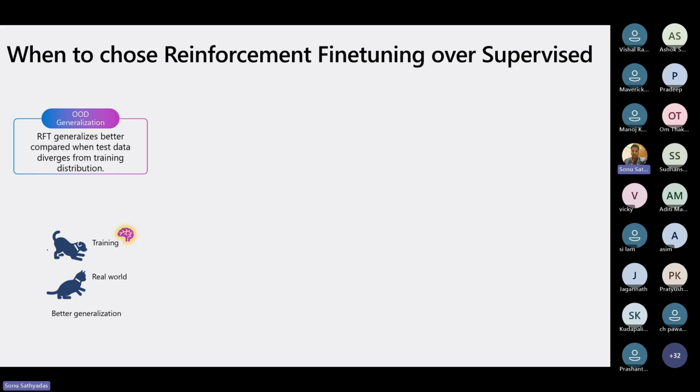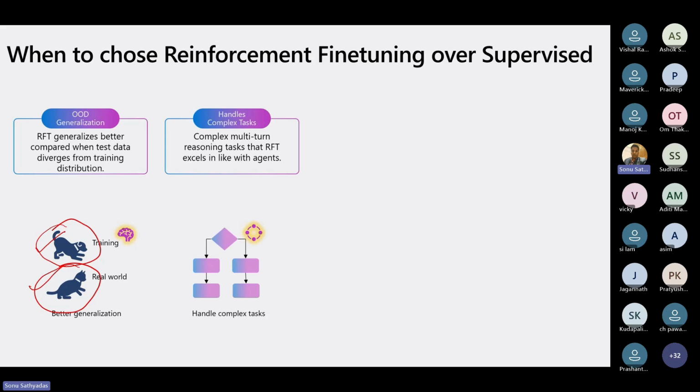The picture says that during training we are talking about the dog, but in the real scenario, it may be asked about a cat. So it cannot answer that, right? But in reinforcement, even if you learn about the dog during training, if a question related to the cat comes, it is still able to answer that. That's just an example given. Okay.